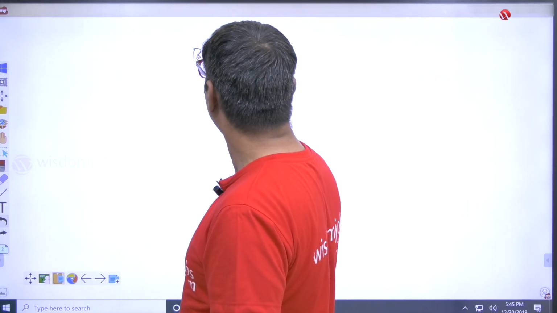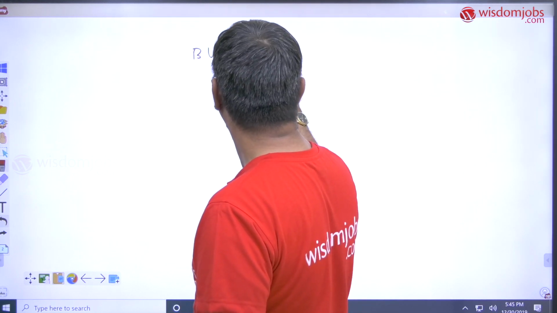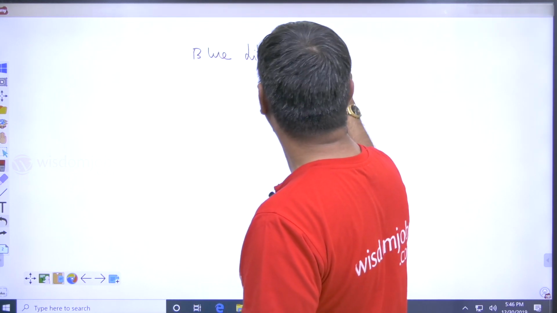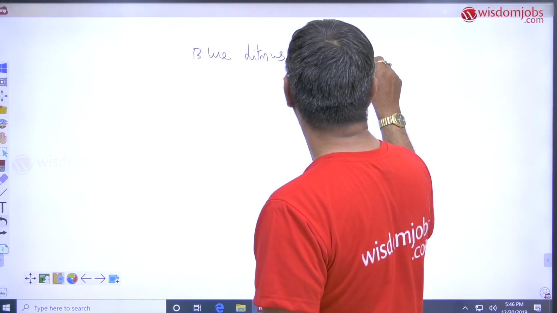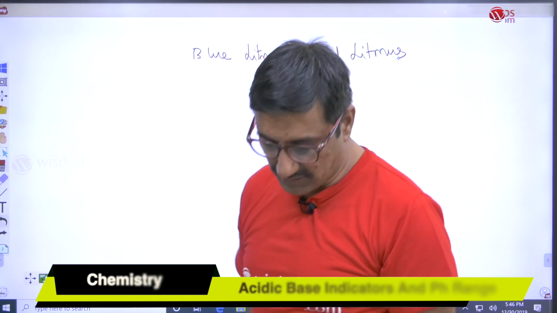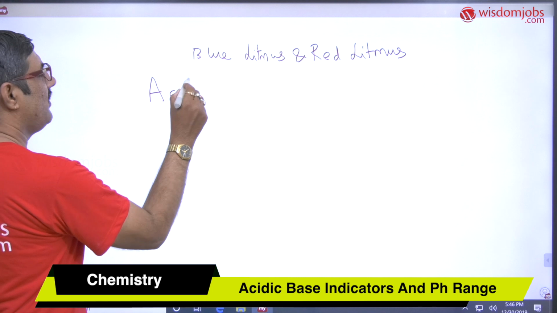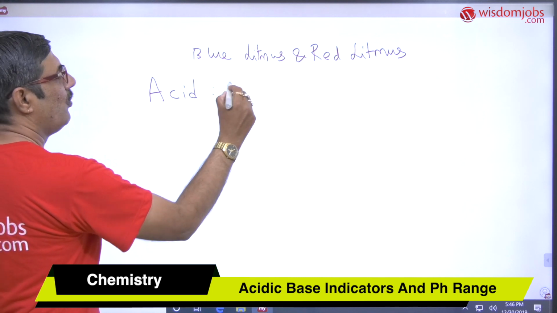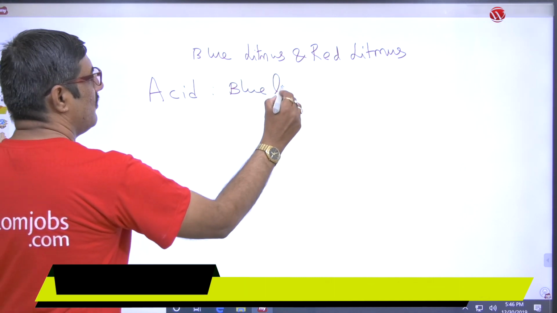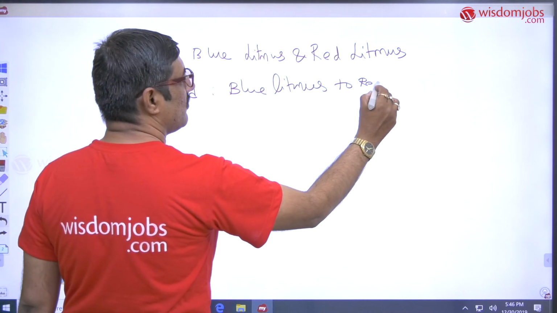We have blue litmus papers and red litmus papers. Now coming to acid, acid turns blue litmus to red.